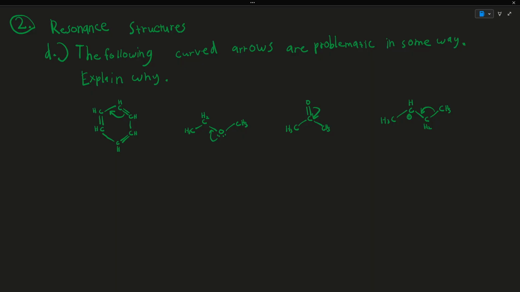Okay, so first we see that the arrow here is taking this double bond set of electrons and putting it between these two carbons. And so you can go ahead and draw that out and the way it would look like. All right.